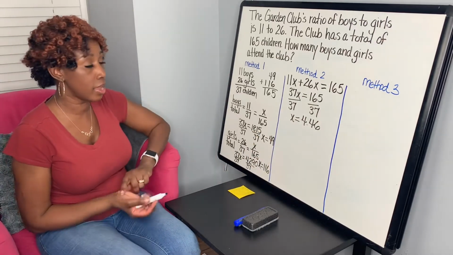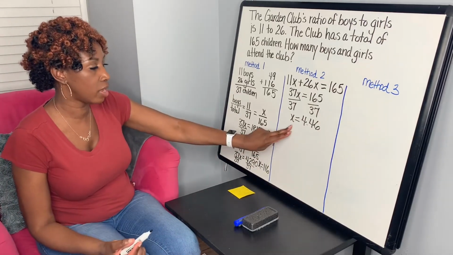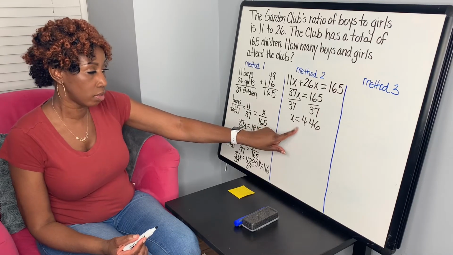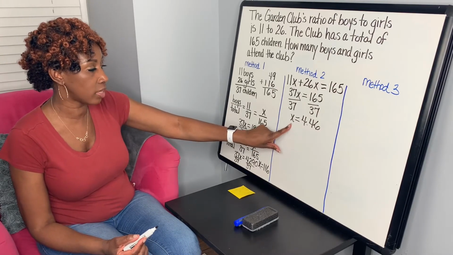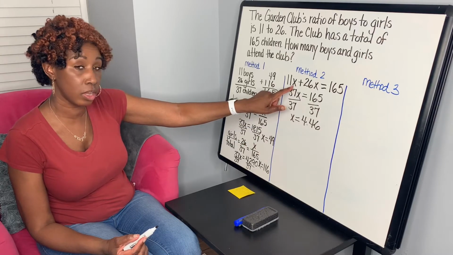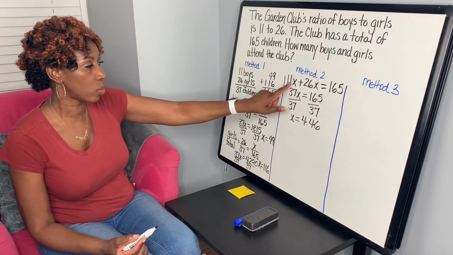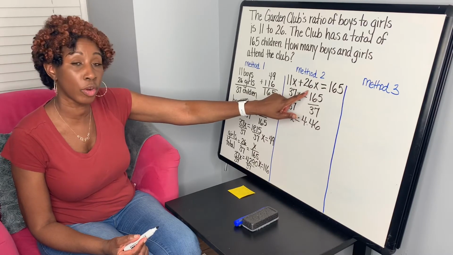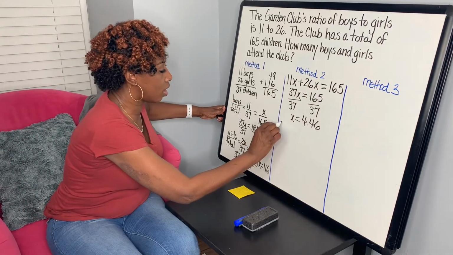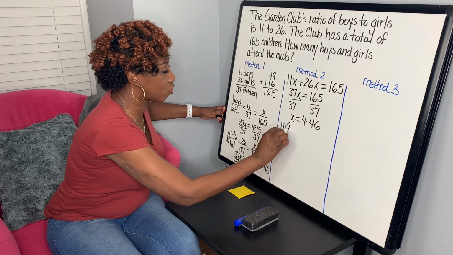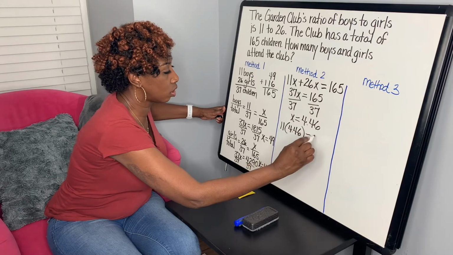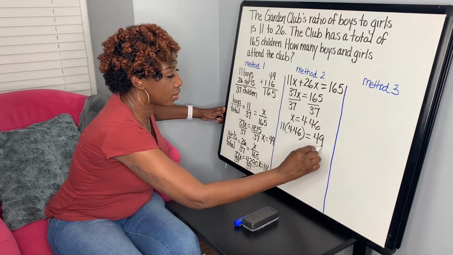Now, I'm not done yet. I only solved for my unknown. So now what I need to do is take this value that I found for x and plug it back into my equation. That's going to tell me how many boys, and when I plug it in over here, it's going to tell me how many girls. So let's see. I'm going to do 11 times that 4.46, and that's going to give me 49.